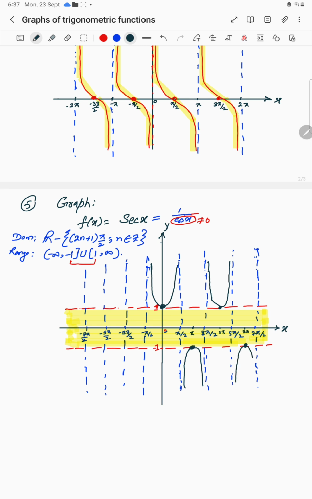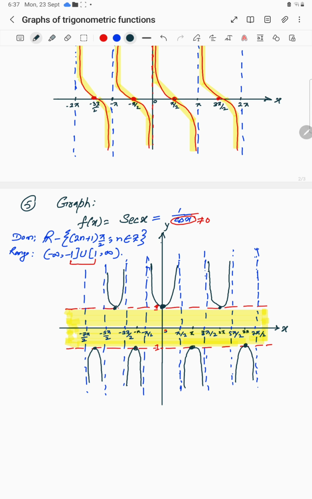And the same if you go this way: at minus pi it will be minus 1, so the graph shape will lie closer to these values. What you need to do is just focus on the values. One is that the shape will be like this. This is about the secant of x.